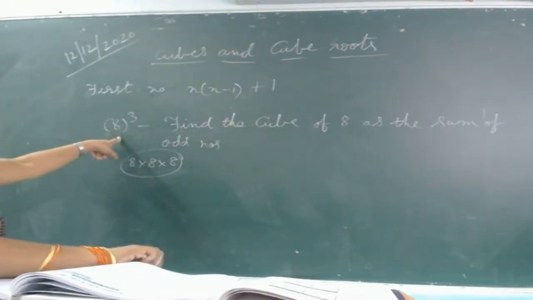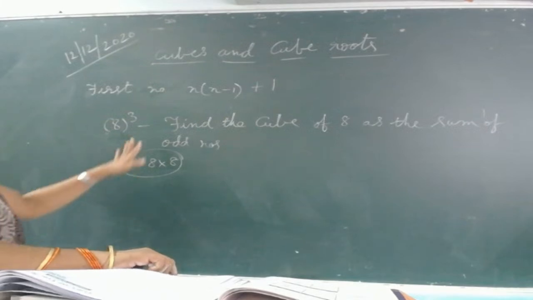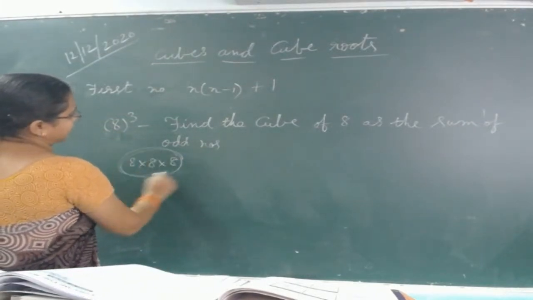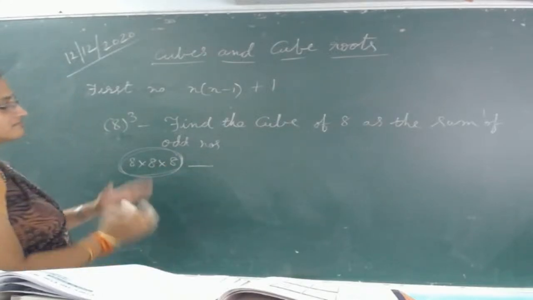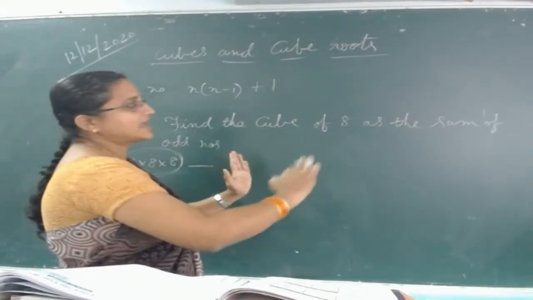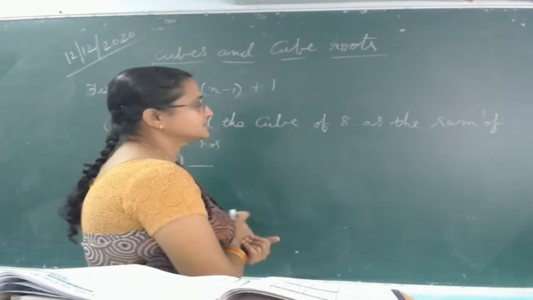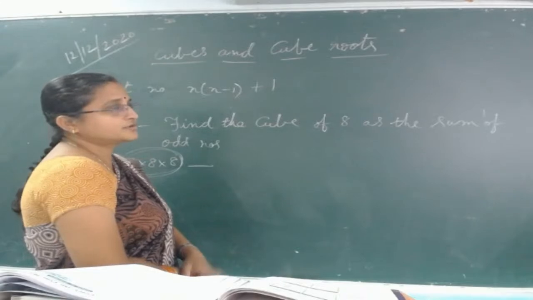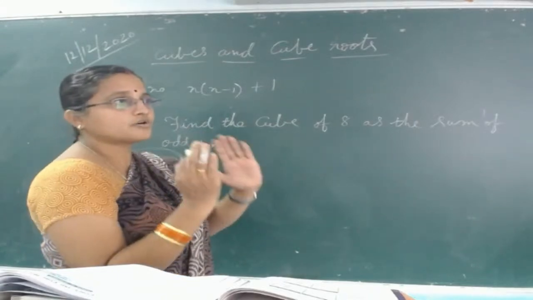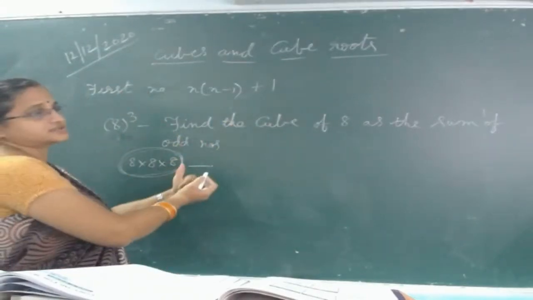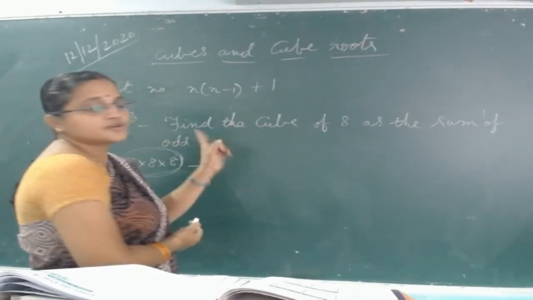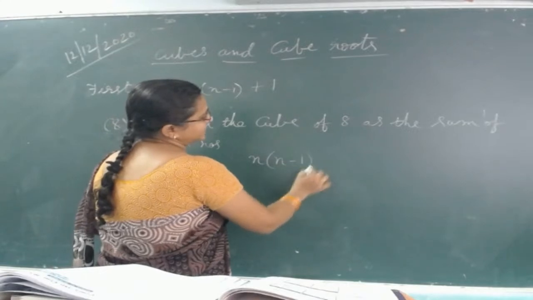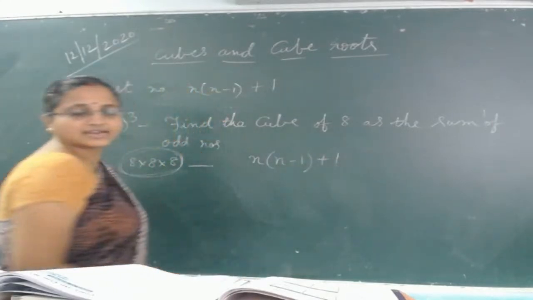If you want to find the value of 8 cube, we should express it as the sum of 8 consecutive odd numbers. For that, you can't take the first odd number as 1. You should know which odd number we have to take first. For finding that number, one formula is there: n into n minus 1 plus 1. Understand or not?